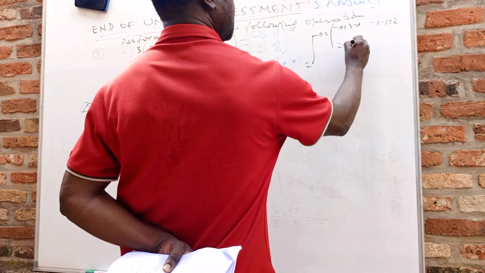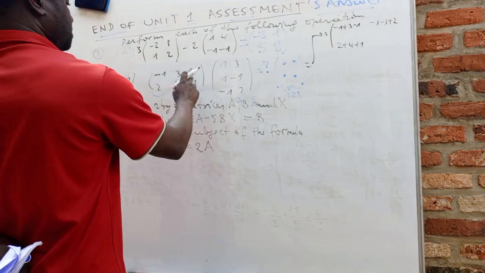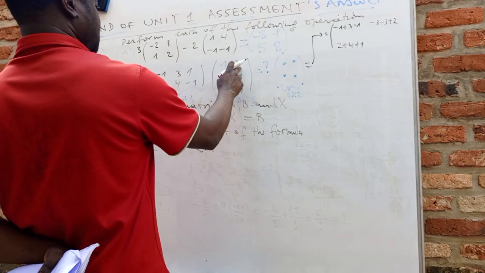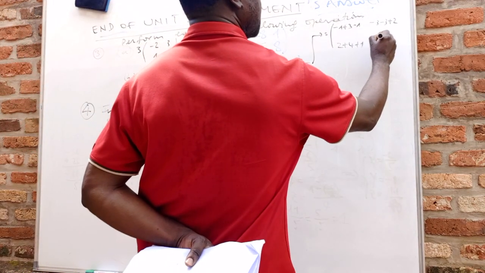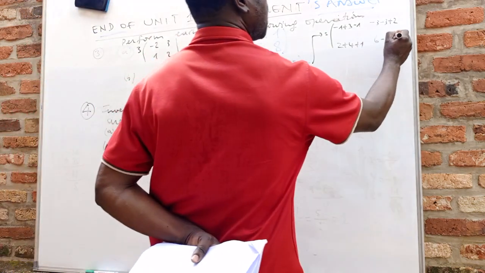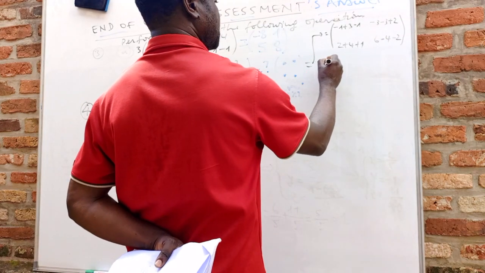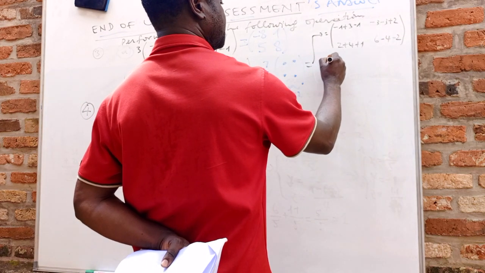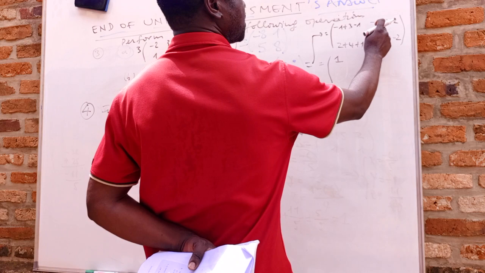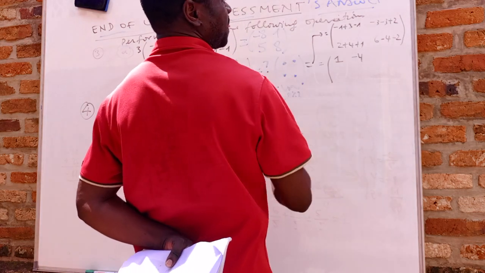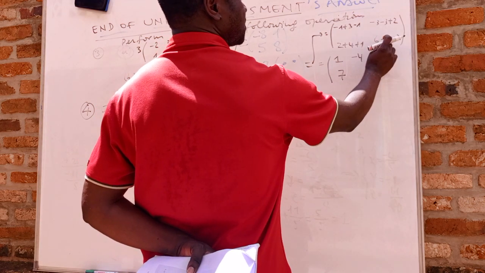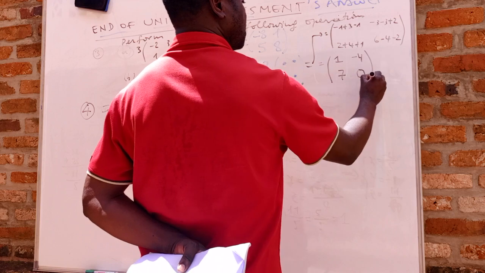And this one: 6 minus 4, then minus 2. The matrix is equal to the results: 1, 3 minus 1, negative 6 plus 2 is negative 4, then 7, then 6 minus 6 is 0.